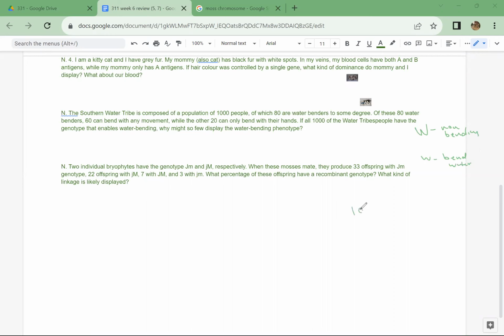So if all 1,000 of the individuals in the Southern Water Tribe have this homozygous recessive genotype, how could it be that so few of them, only 80, have the capability of waterbending? Only 80 can waterbend.